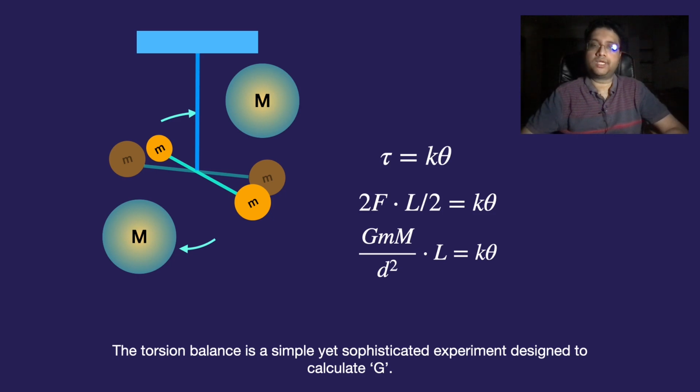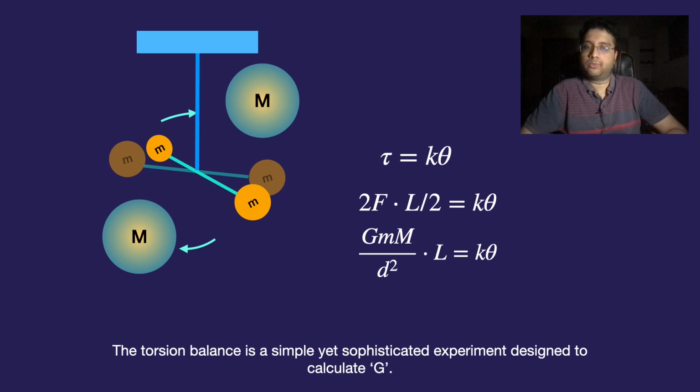So the simple torque equation: tau is equal to k theta. But torque is force into perpendicular distance. There are two gravitational forces on either side of the center, which amounts to 2F. 2F into the perpendicular distance, which is half of the length of the bar, L by 2. So 2F into L by 2 is equal to k theta. What is F? G m1 m2 by r square.